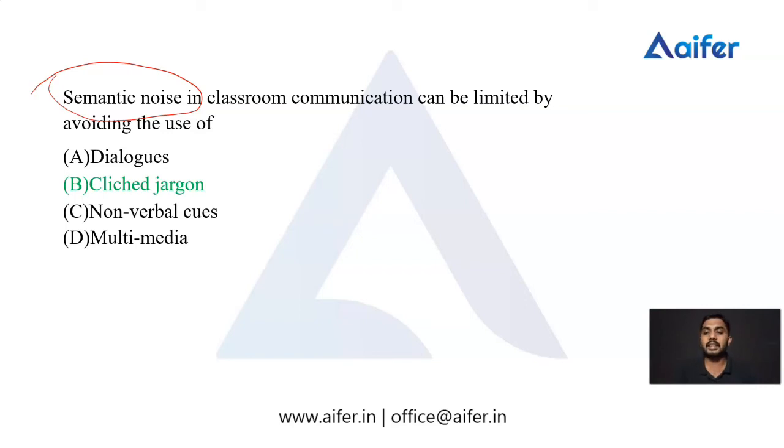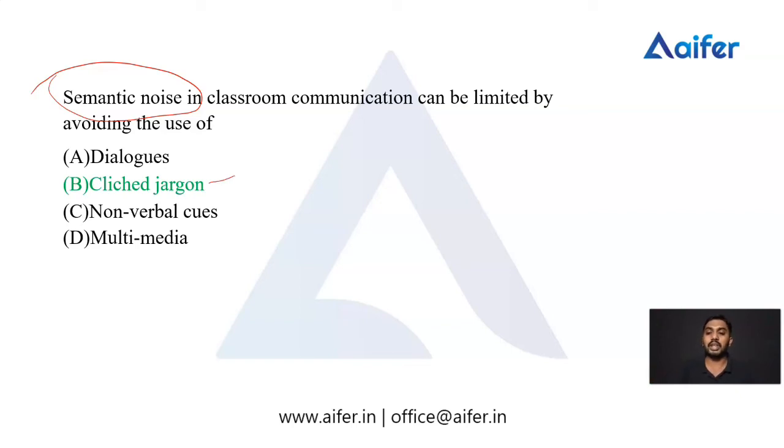So the answer is cliched jargons. Jargons means some groups have specific codes, and only the persons in that group know the meaning of those codes, especially the department of police using some jargons.